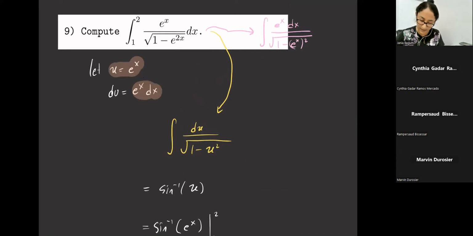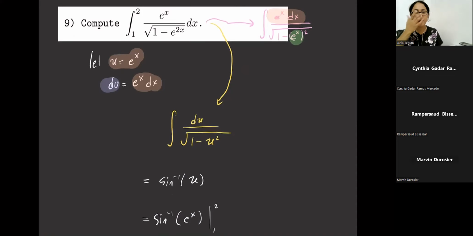I'm reserving this piece for du, and I'm replacing this with u, my selection of u, and it works. Okay, thank you. I see it now. Sure. Any other question on this problem?